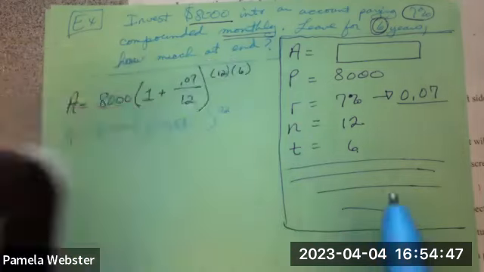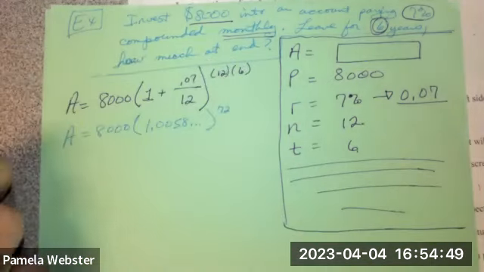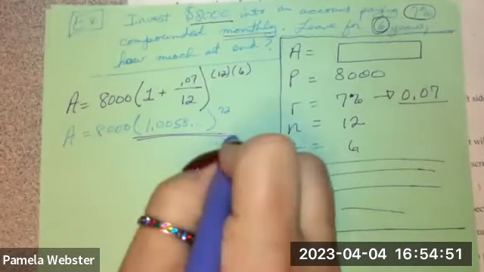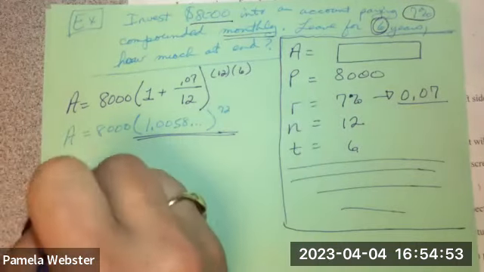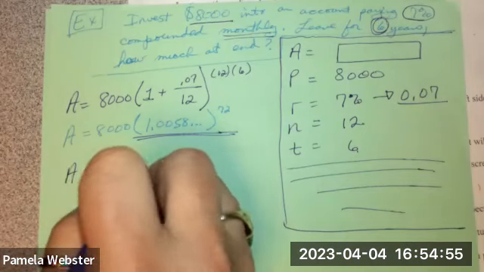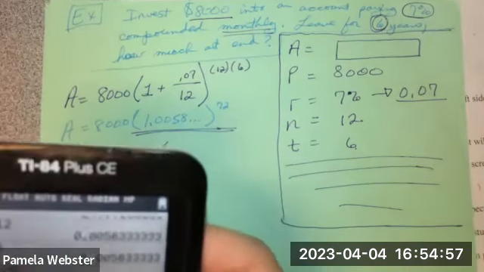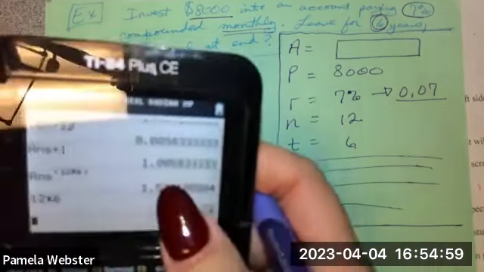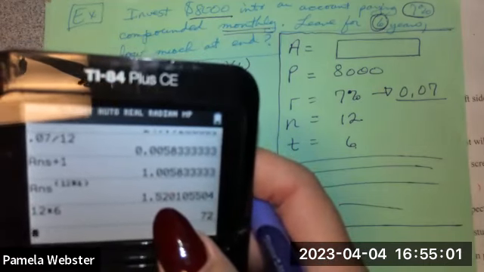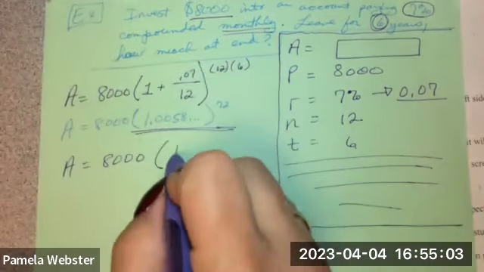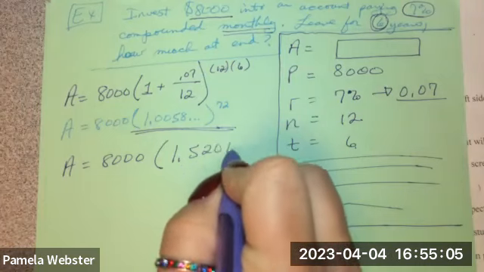The next thing I do is take care of that exponent. So remember your order of operations, remember PEMDAS, 1.0058 raised to that power is 1.525201, dot, dot, dot.